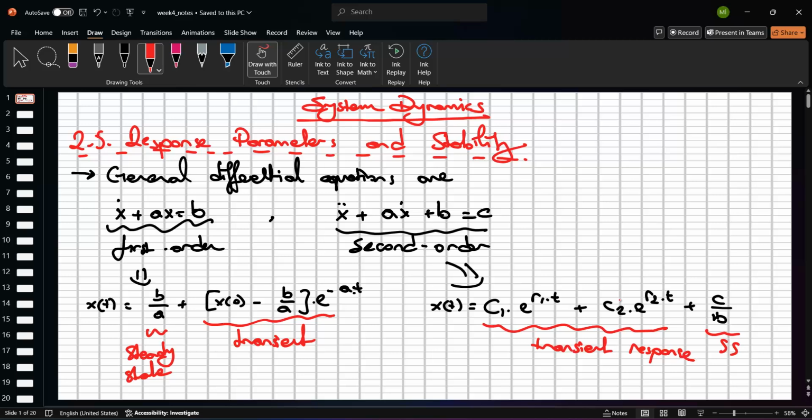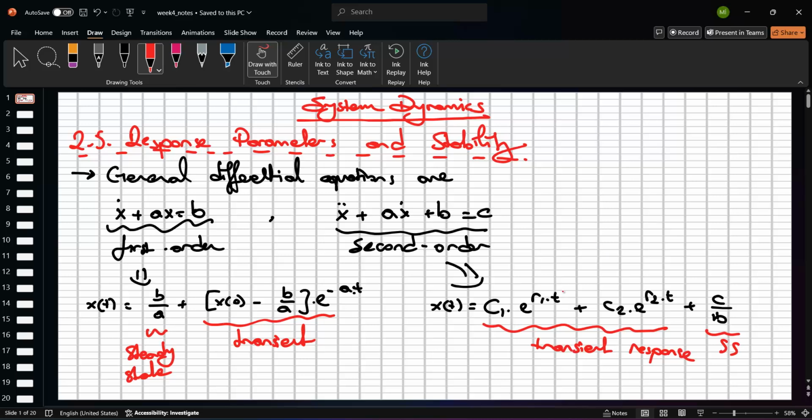And so, why is this transient? What's your name? No, not you. Behind you. Yağmur. Why do we call it the transient response? Because it's not stable, it changes, it depends on time, right?